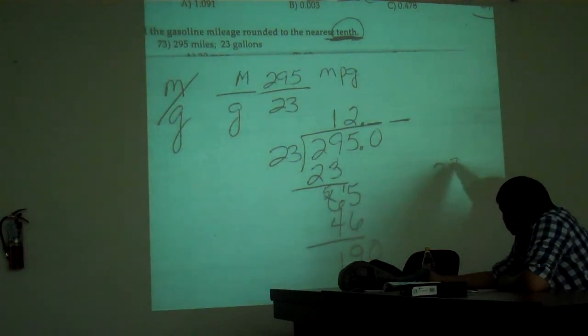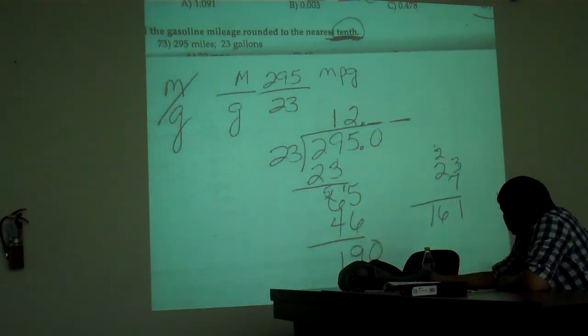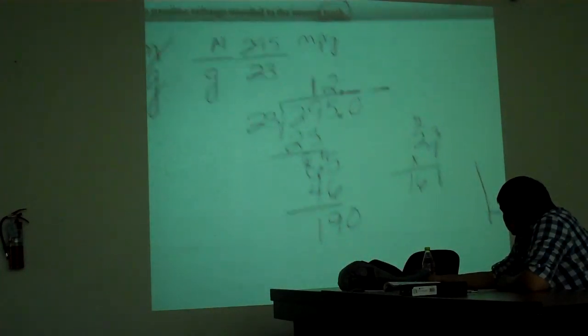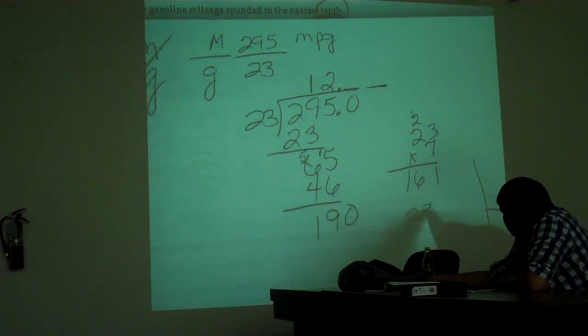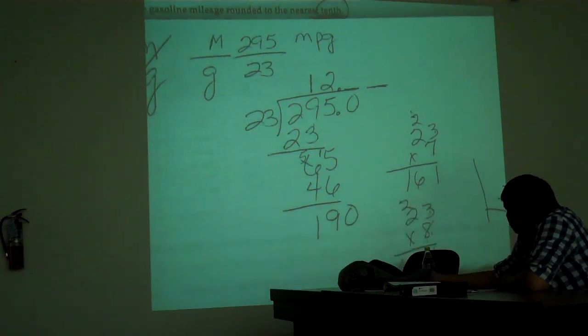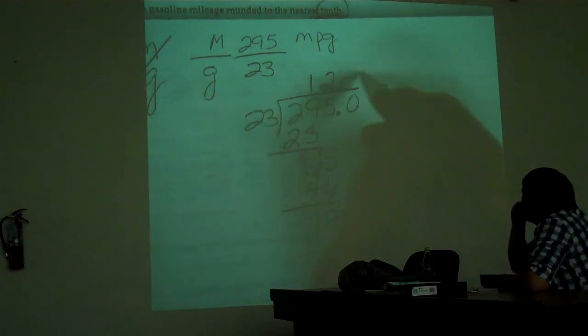Let's do 23 times 7. 7 times 3 is 21. Well, let's try 8. Maybe 8's not too many. 23 times 8 is 184. Okay, 8's the right number.